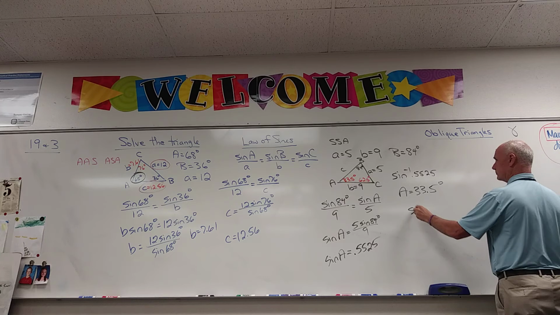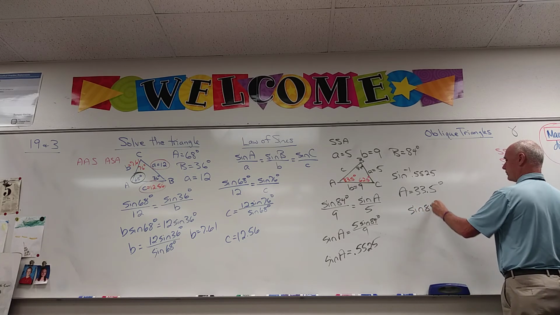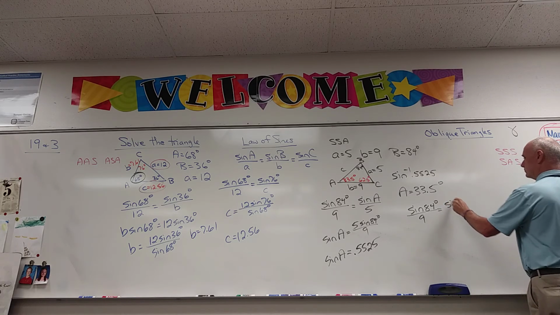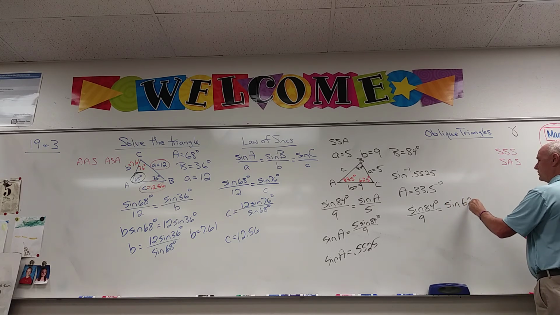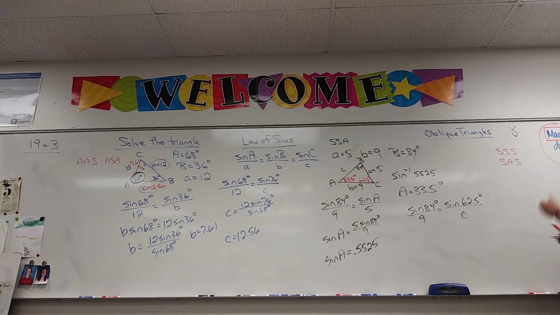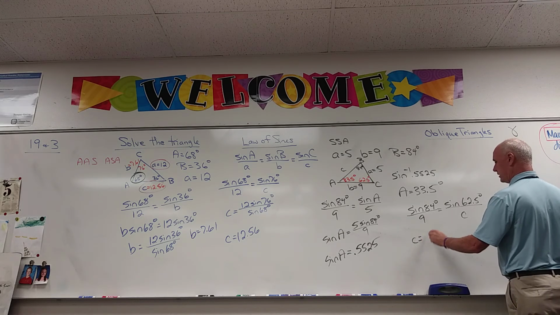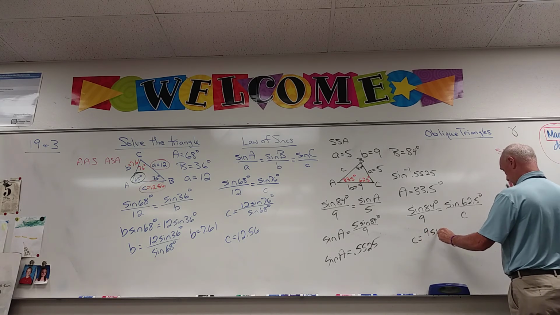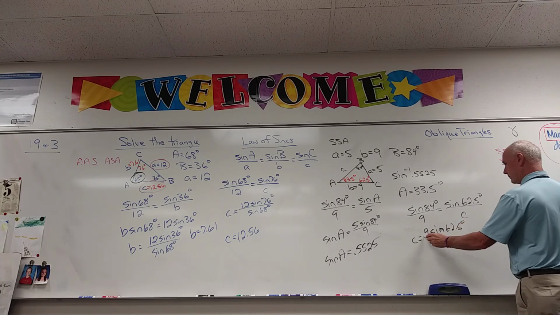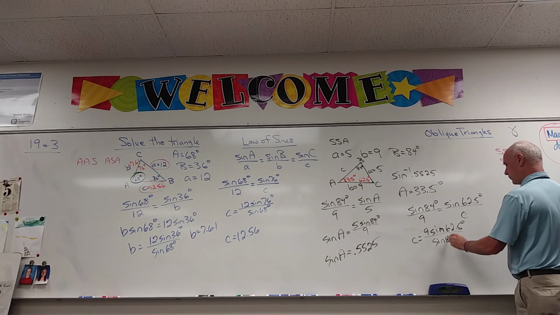Sine of 84 degrees over 9 equals sine of 62.5 degrees over C. So C equals 9 times sine of 62.5 degrees over the sine of 84 degrees.